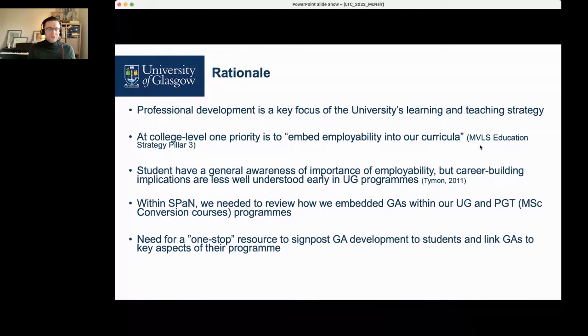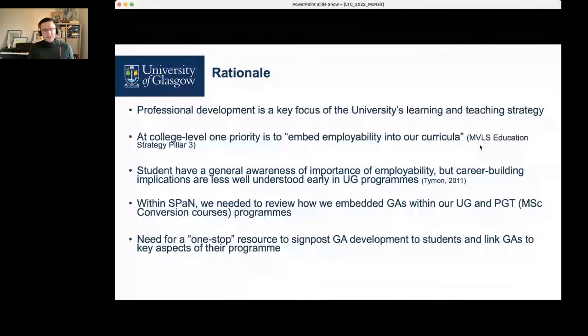Within the School of Psychology and Neuroscience, we wanted to review how we were embedding graduate attributes within our undergraduate program and also our postgraduate taught conversion course programs, of which there are 2 conversion courses. Because a lot of work happens within individual courses, and we wanted to collate all of the practices that were happening across the school into a single resource.